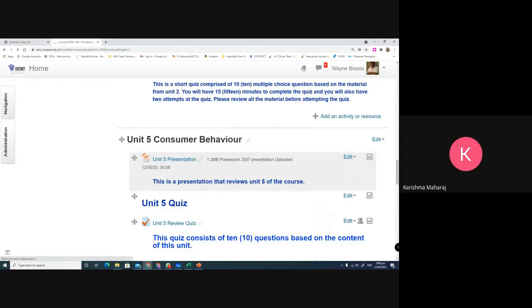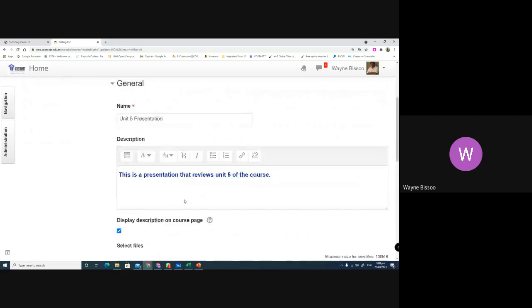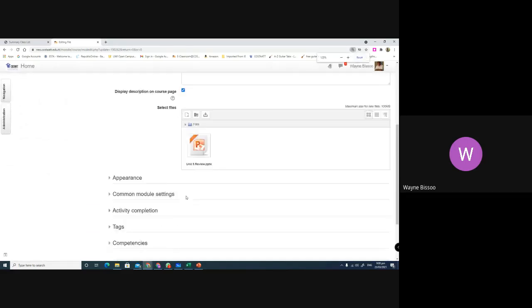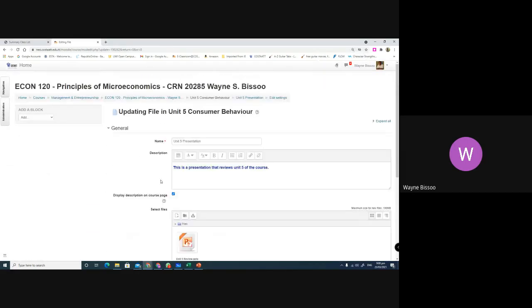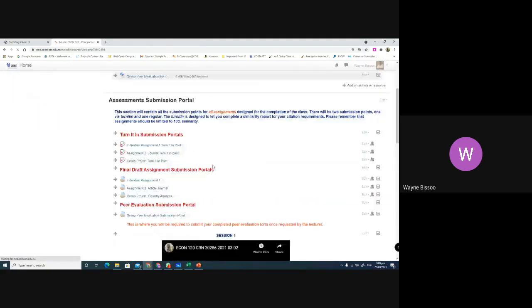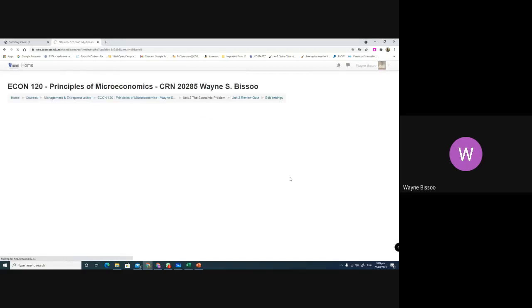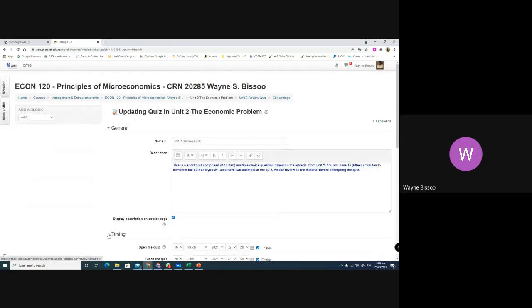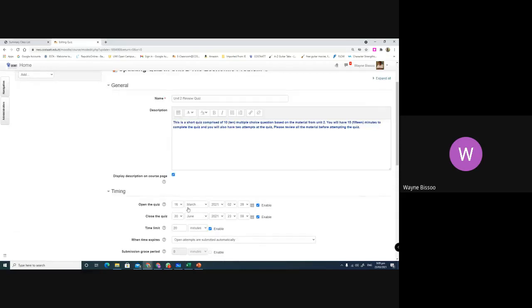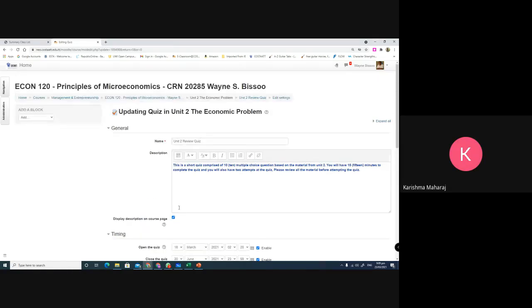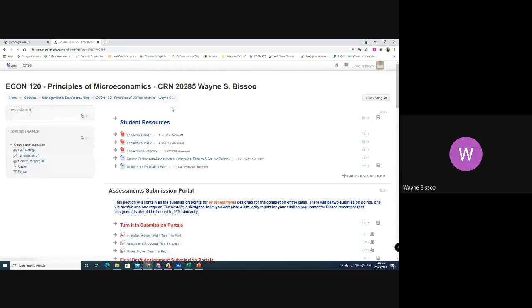So let me just make this smaller so all the stuff will fit. Oh, wrong area. So that's quiz 2. Oh crap, I keep clicking on the wrong things.